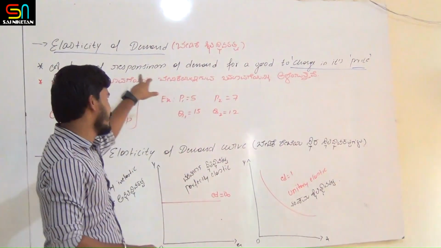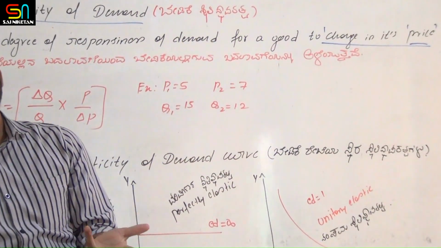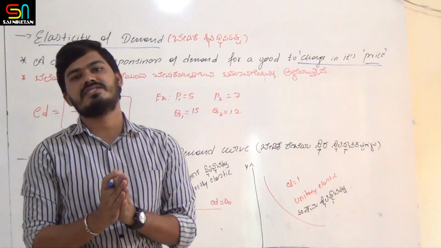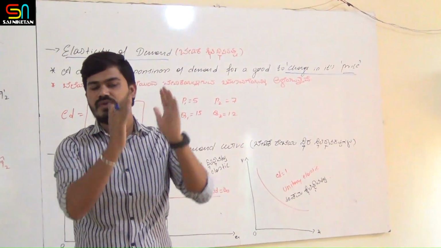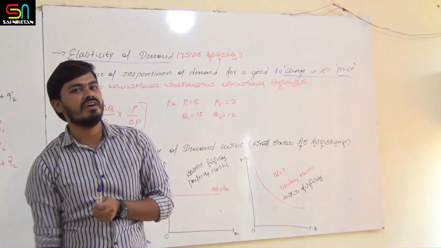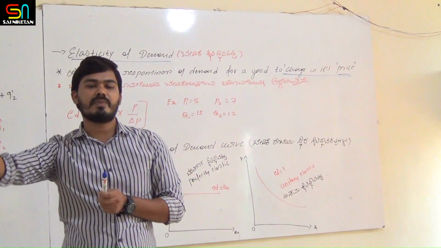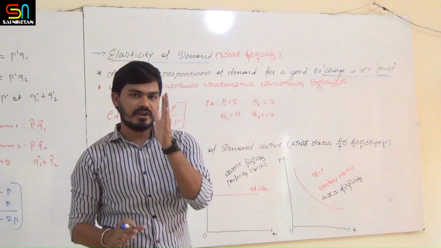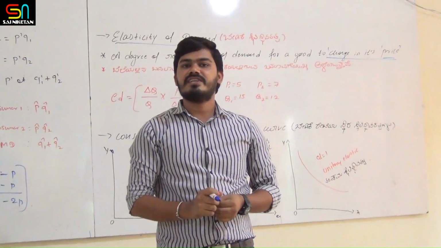What is your demand? Maybe you reduce your demand, maybe you increase it. That is calculated by elasticity of demand. How much percentage do you have to reduce your demand? If there is a 5% increase in the price of the good or service, how much will the quantity demanded be reduced? That is measured by the elasticity of demand.